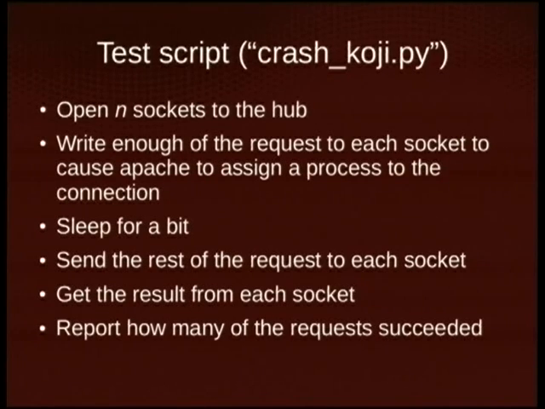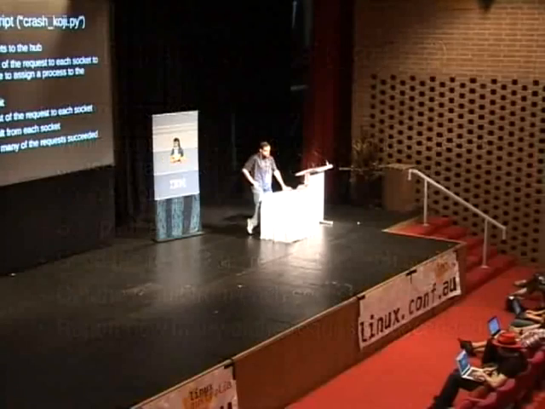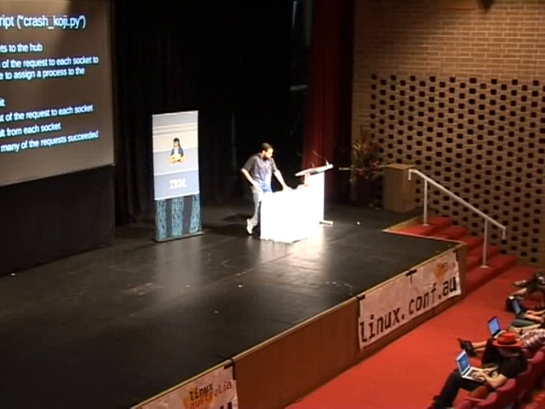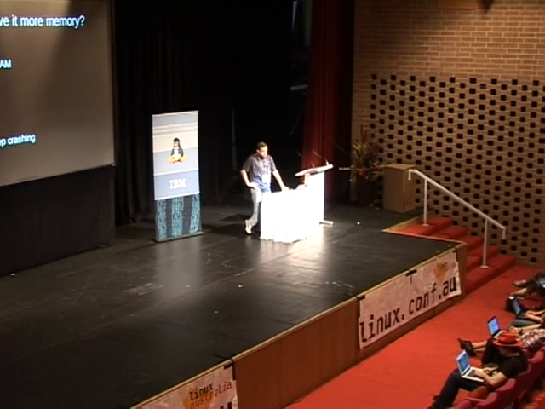Sleep for a bit there so that they actually finish loading and it has time to run out of memory. Finish it off, get the responses back. You can tell if Apache decided to kill stuff or not because there'll be an error in the response. And so that got us to the point where you could run it until Apache was killing processes and the machine wouldn't die.